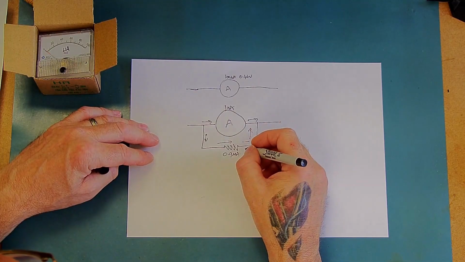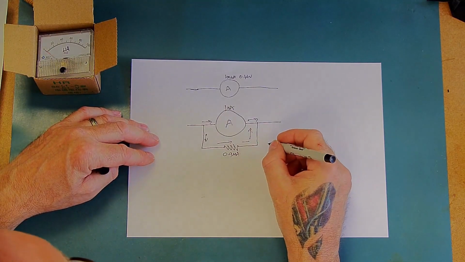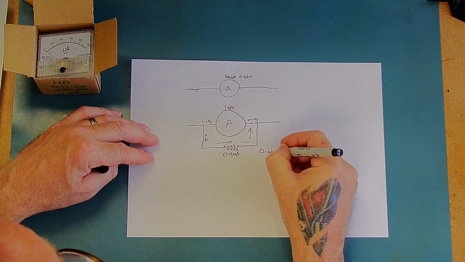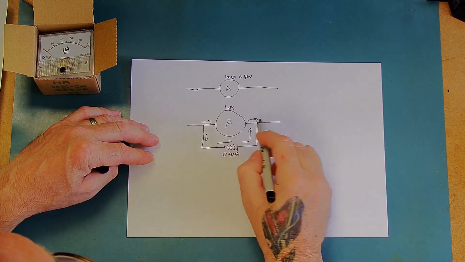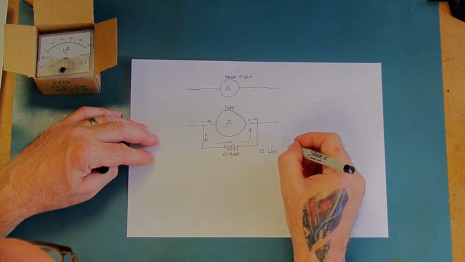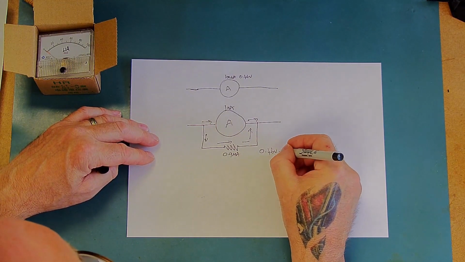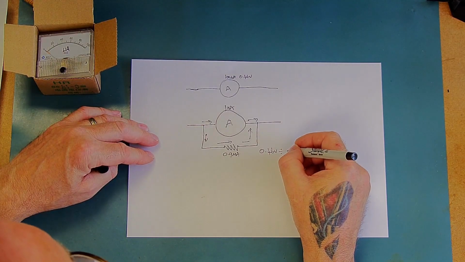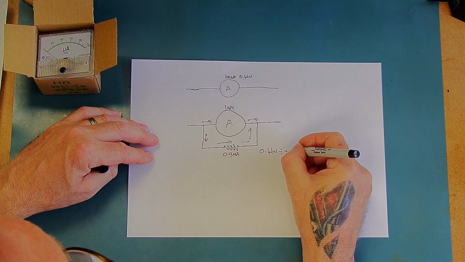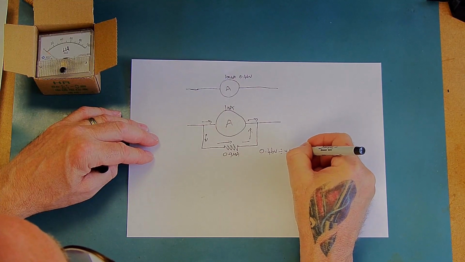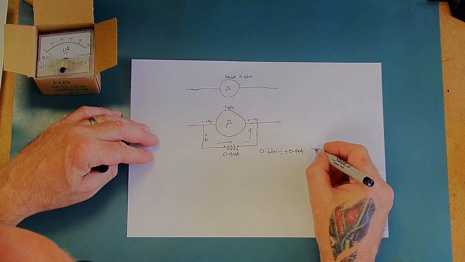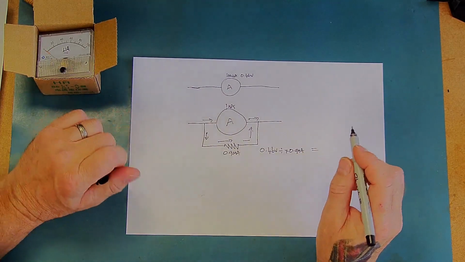So therefore the value of the resistor will be 0.46, because that's the voltage that we actually need for full scale deflection, and then we will divide that by 0.9 milliamps, and that will equal, let's just go to the calculator.